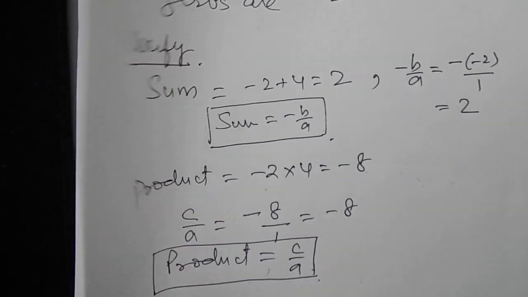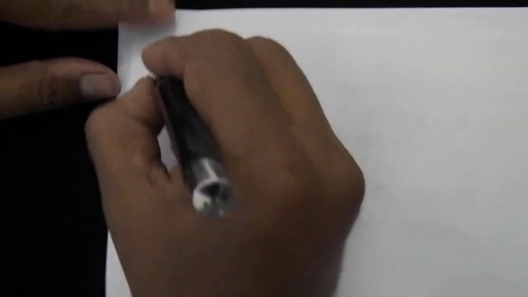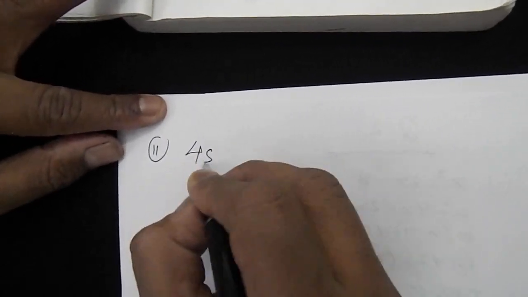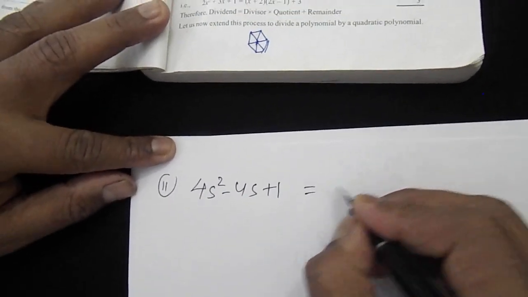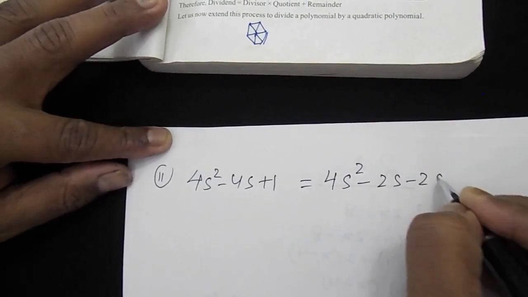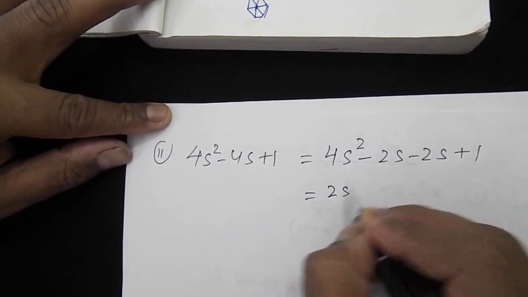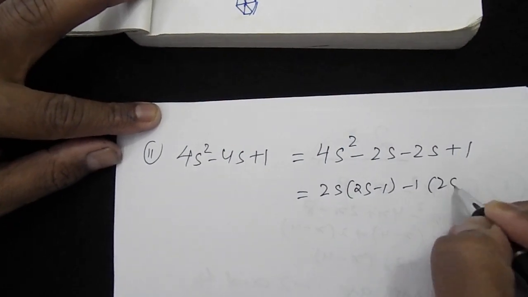Now in the next part, I am going to solve the question where verification you will be trying yourself. Second part, 4s square minus 4s plus 1. Split the middle term, 4s square minus 2s minus 2s plus 1. So this gives you 2s common, 2s minus 1 common, 2s minus 1.